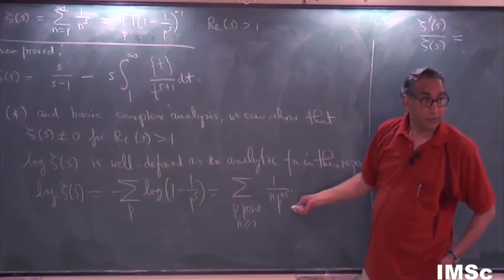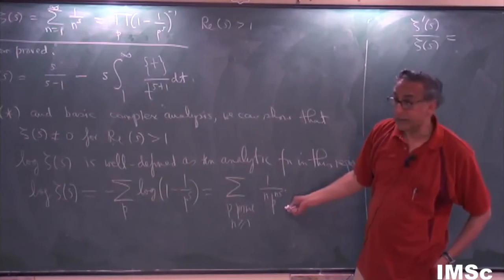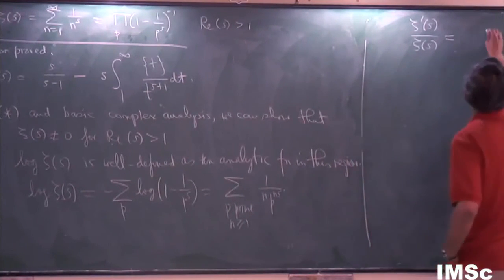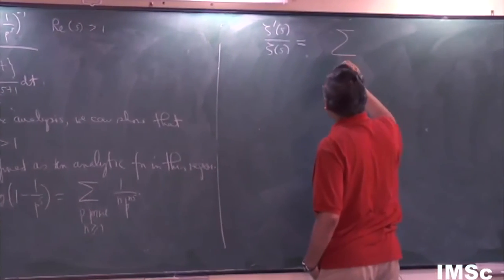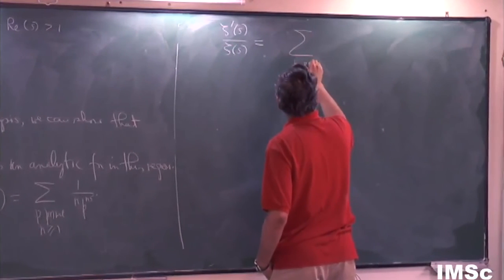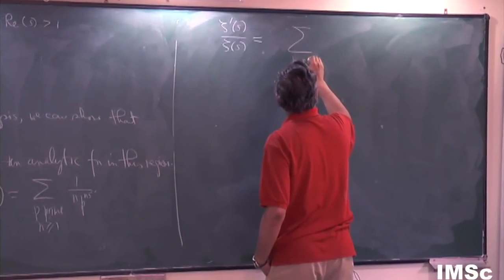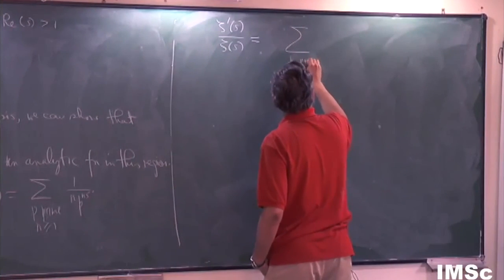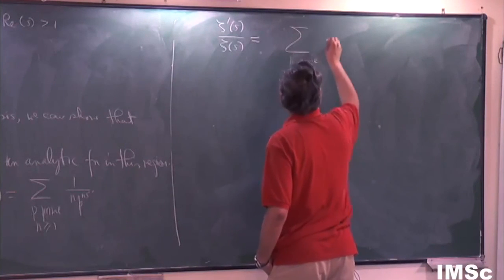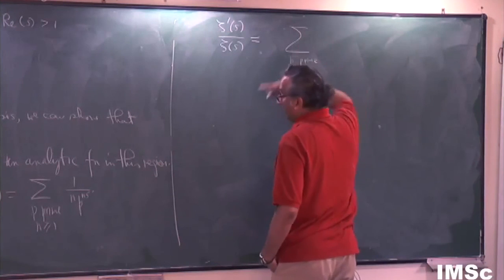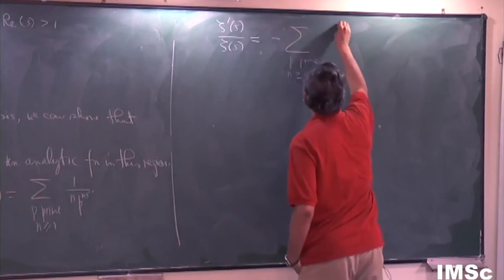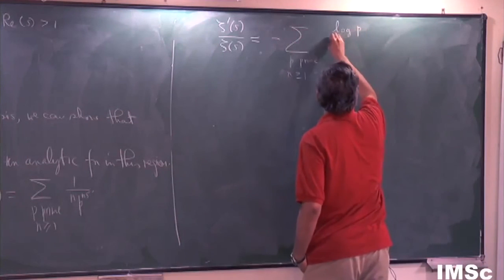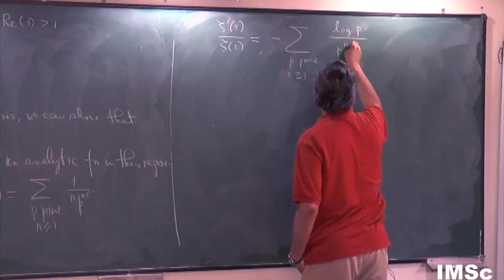You can differentiate term by term because this is an absolutely convergent series, and doing so gives you, basically, the sum over p prime, n bigger than or equal to 1. When I differentiate, one of the n's cancels in the denominator here, and I'm going to get a minus log p over p to the ns.